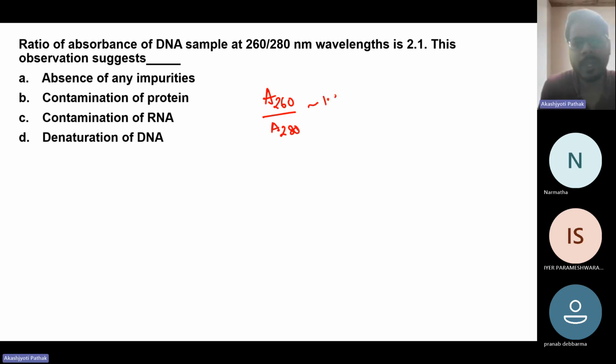If it is 1.8, then we say that my sample has pure DNA. If it is less than 1.8, then we say that it might be contaminated with protein.